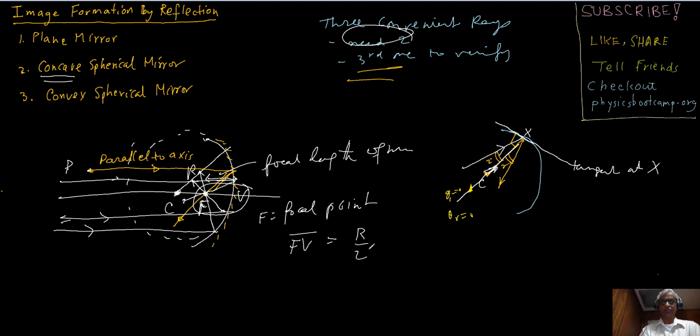We are going to do the formula 1 over p plus 1 over q equals 1 over f, and sign convention in another lecture. Okay, this one I'm going to keep the rays. So this is how to find the image for a concave spherical mirror. Let me erase and show you another case.